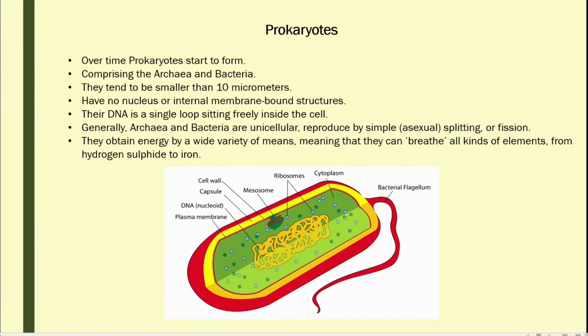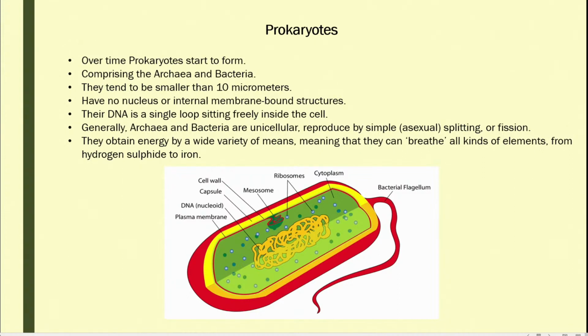They tend to be smaller than 10 micrometers, and have no nucleus or internal membrane-bound structures. Their DNA is a single loop, sitting freely inside the cell. Generally, Archaea and bacteria are unicellular, reproducing by simply asexual splitting or fusion.